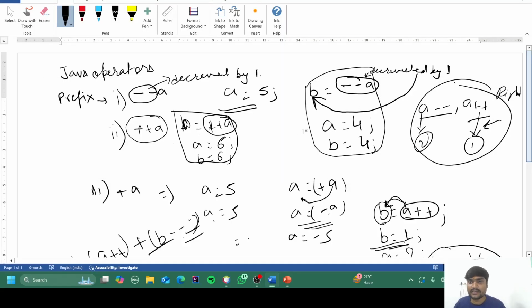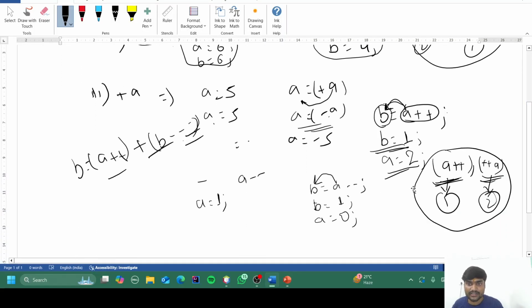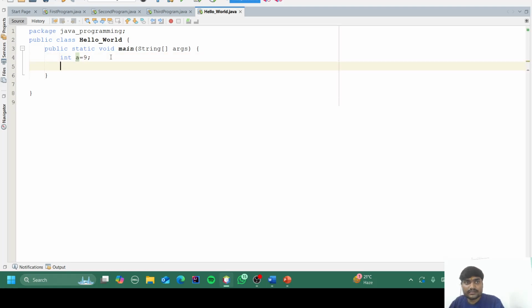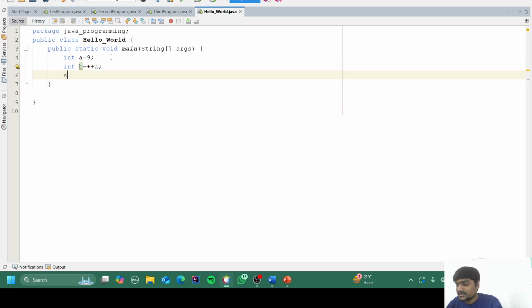So till now we have read about one operator, that is the unary operator. You can use it like this: suppose int a is equal to 9, and now we want to do b is equal to plus plus a.